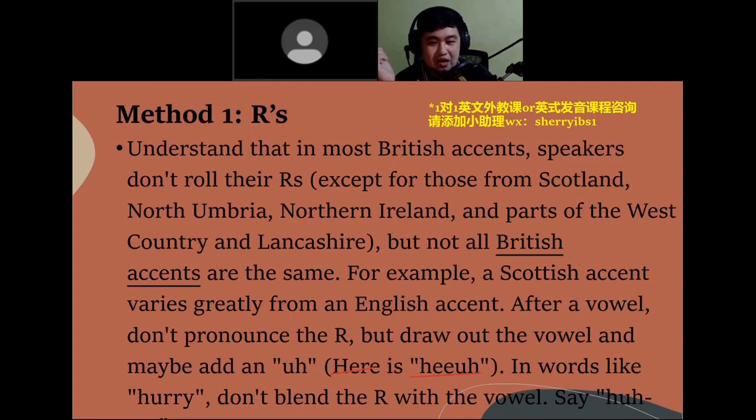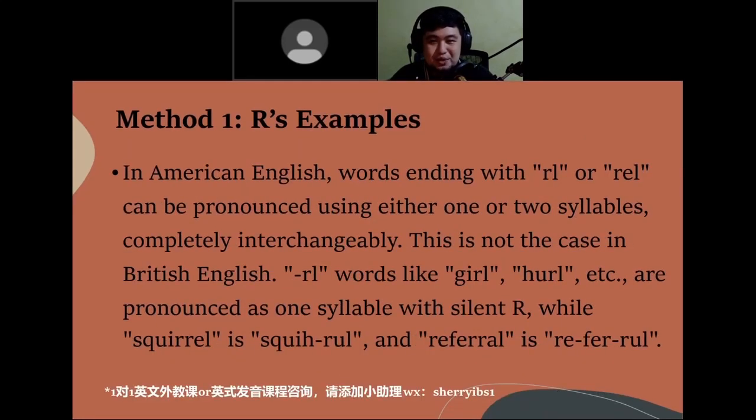In words like hurry, don't blend R with a vowel. Say hurry, not hurry. That's the difference. Or in some Scottish, hurry, or Irish, hurry. So that is method one, R's.